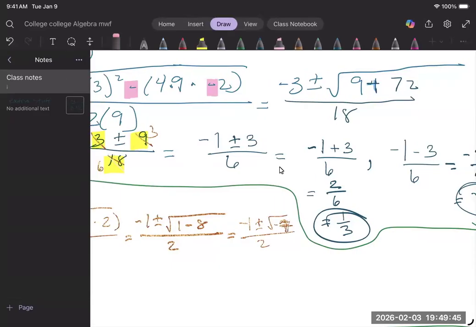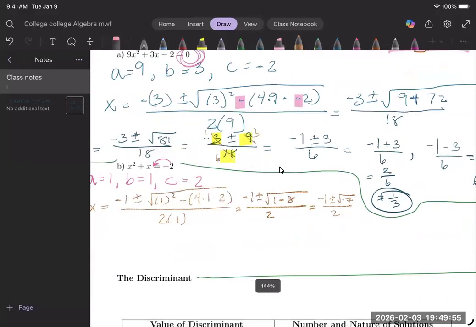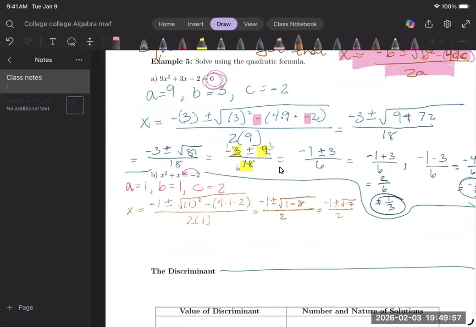Sorry, that looks like a crazy 7. Plus or minus the square root of -7 all over 2. There we go. Much prettier. Okay. So that is now a complex number, right? Because I have -1 plus or minus i root 7 all over 2.